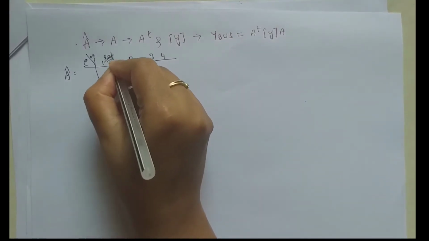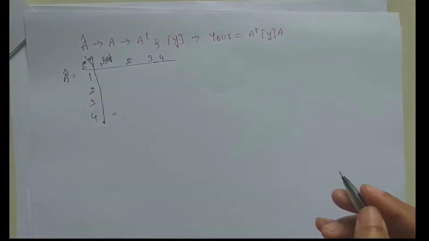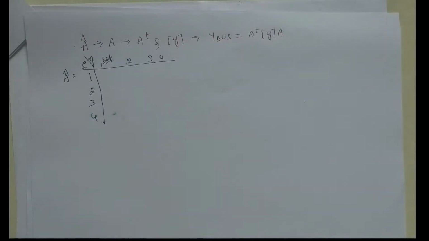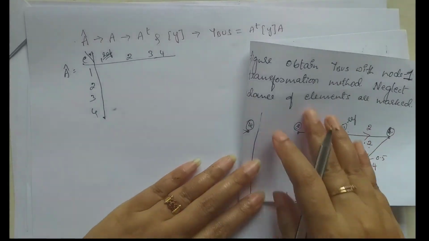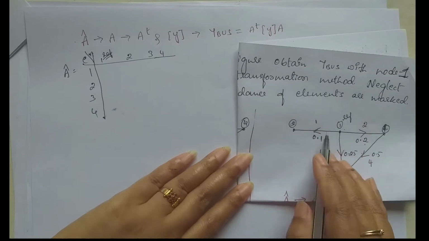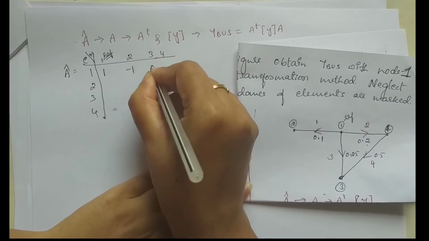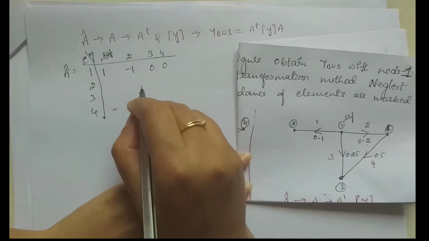The first is the reference node. 1, 2, 3, 4 elements are there. Just look at the diagram here. The first element is away from 1 towards 2, and it is not oriented to 3 and 4.